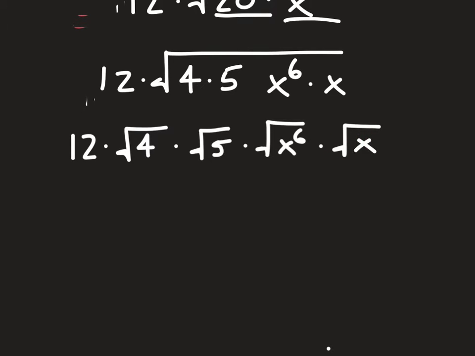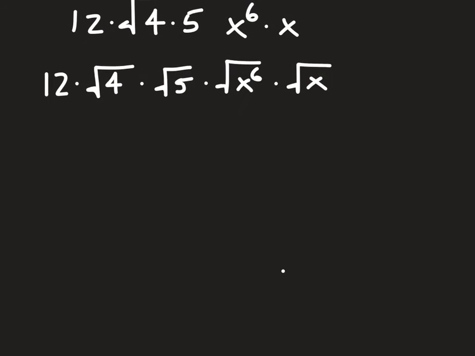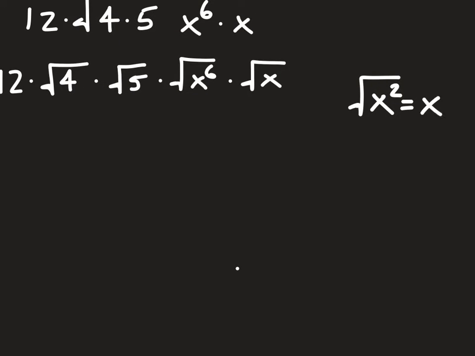And the answer to that question is no. In order for me to get rid of the square root, you have to take the square root of x squared. That is equal to x, okay? And this is what I want to get out of this, and to turn my x to the sixth power into different x squareds.